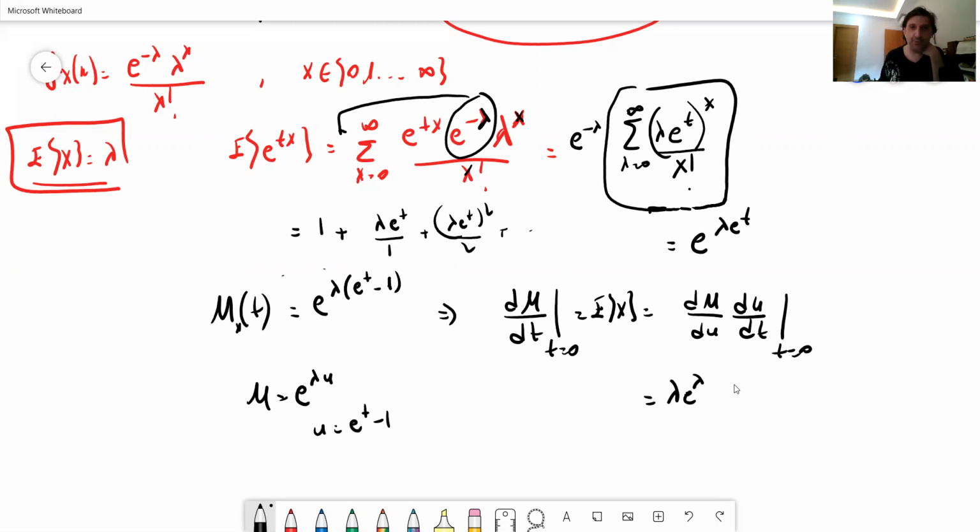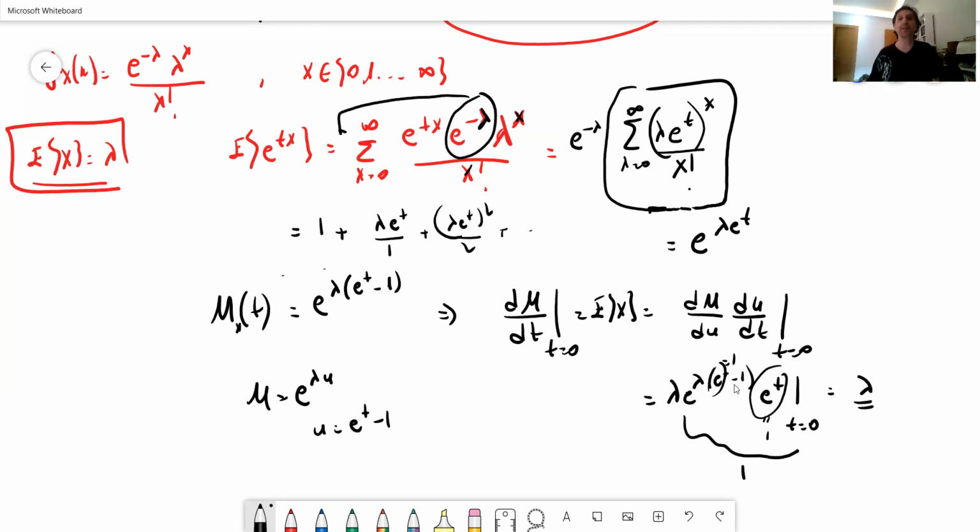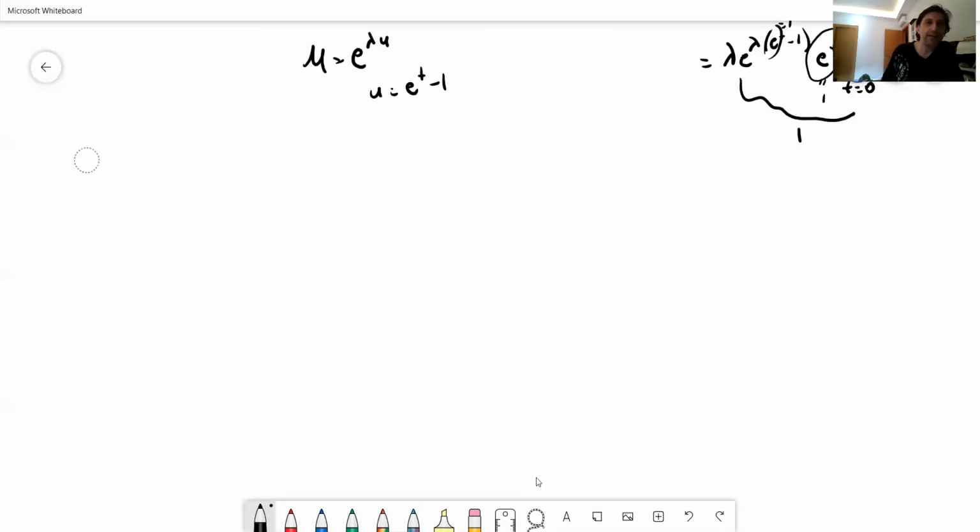Now instead of u, I'm going to write exponential t minus 1. du over dt is simply exponential t, evaluated at t equal to 0. When we put 0 here, this is going to be equal to 1, and here 1 minus 1 is 0. So this whole thing is going to be equal to 1. So we obtain lambda.